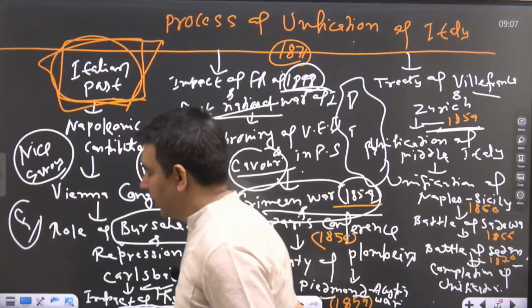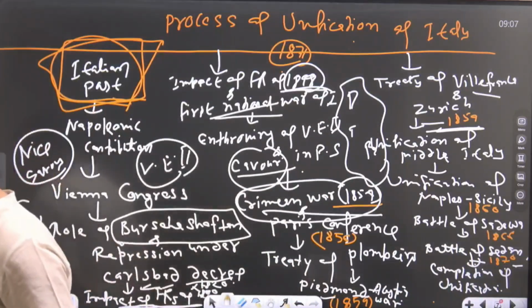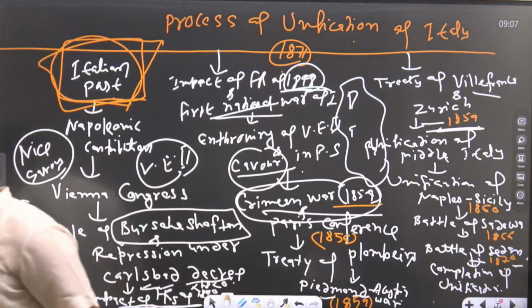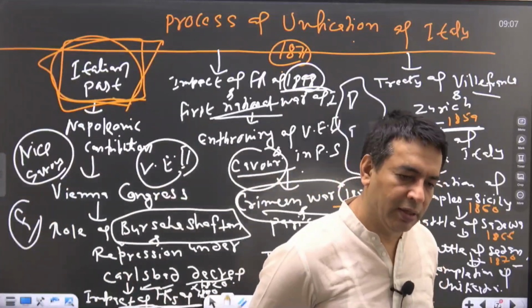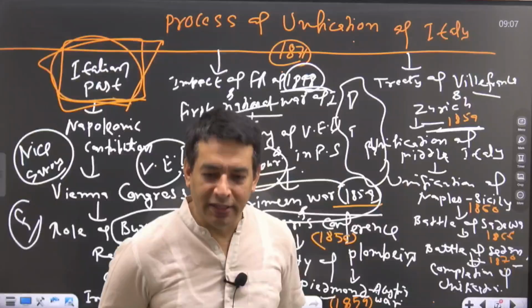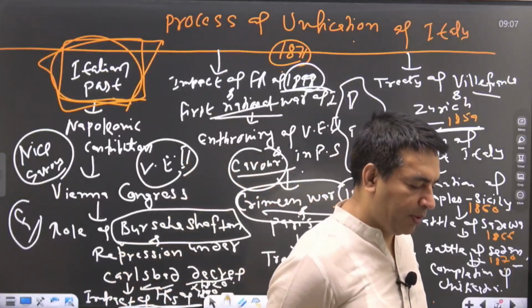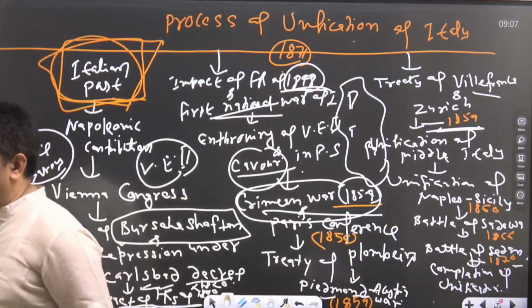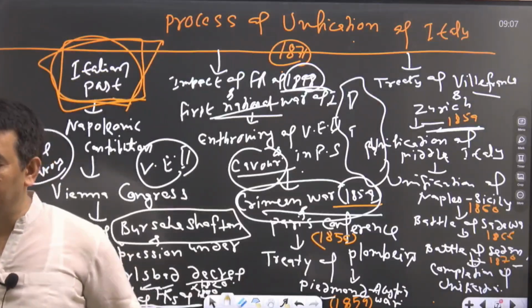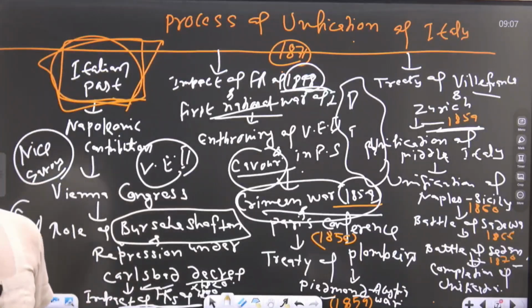Napoleon III got Nice and Savoy from Piedmont, Sardinia, and Middle Italy was unified using plebiscite. Plebiscite means the people themselves voted that they want to voluntarily be a part of Piedmont, Sardinia.